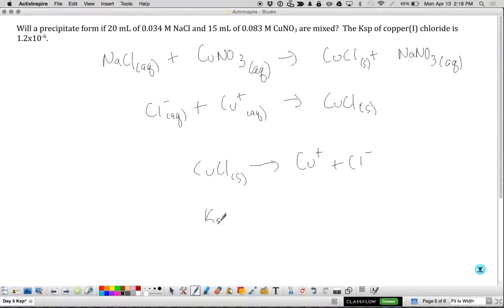And KSP for this is the concentration of Cu plus times the concentration of chloride ion. Okay? So remember that this was for a solution in equilibrium, which means that the product should equal KSP.